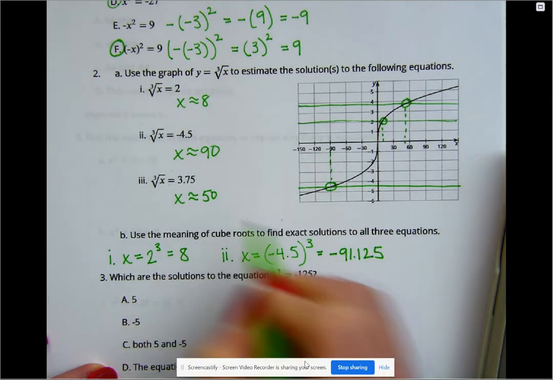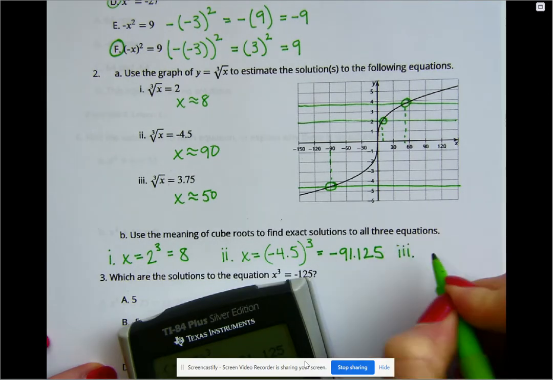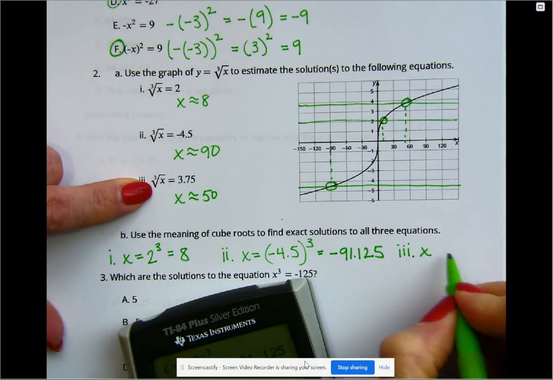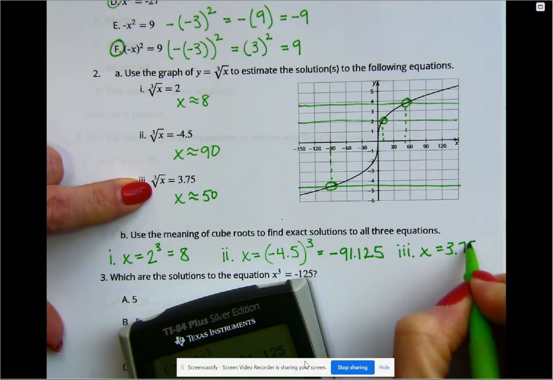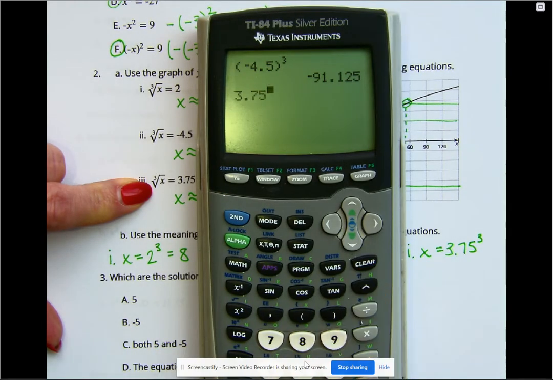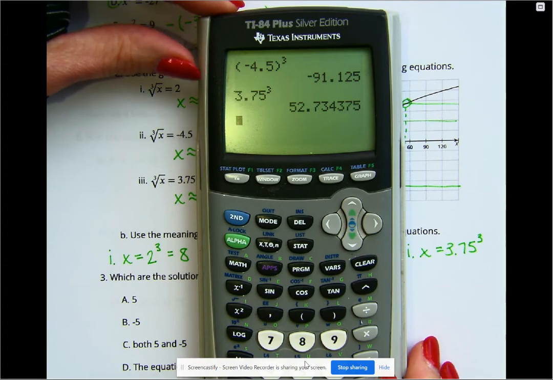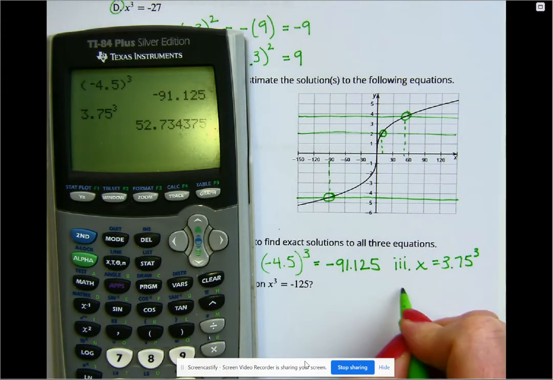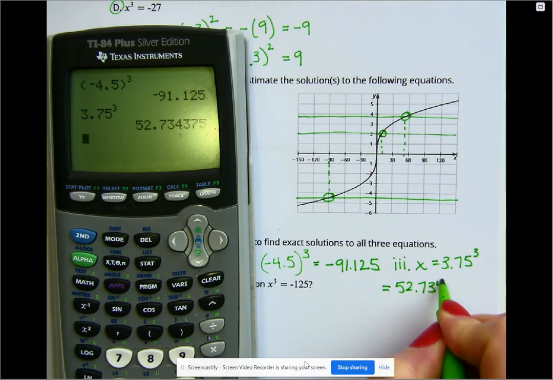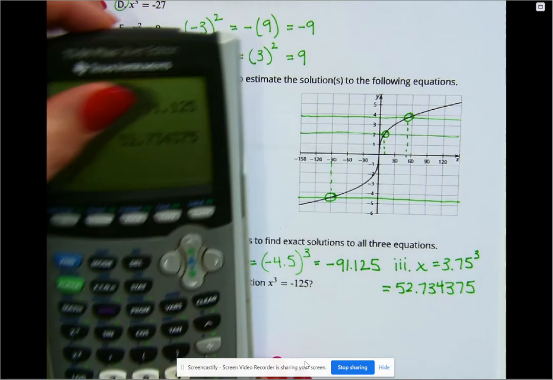And for the third one, x is equal to 3.75 to the third, and 3.75 to the third is 52.734375. All right. So those are the exact answers.